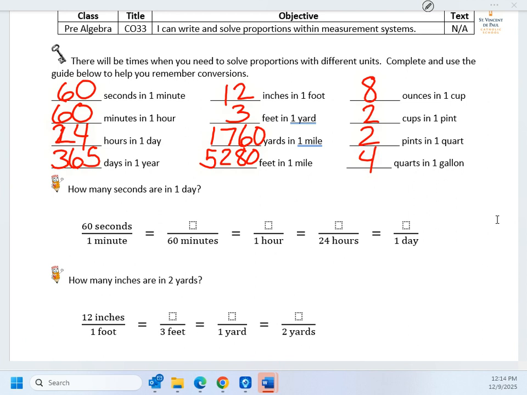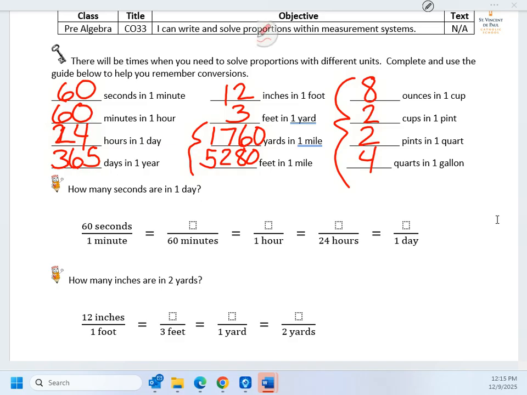So the easy ones, 60 seconds in a minute, 60 minutes in an hour. Some of these we know. You don't have to put everything on the help sheet, but definitely these ones put on your help sheet to make sure that we don't second guess ourselves, okay?